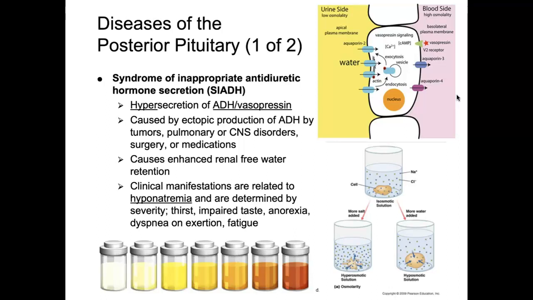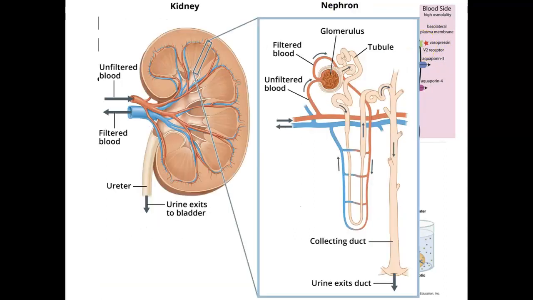Now, if we think of what ADH does, it is going to attach to a receptor, and this is taking place in the nephron. Let's just refresh our memories. So here is our kidney, and along this region, the cortex and the medulla, that's where we're going to find our nephrons.